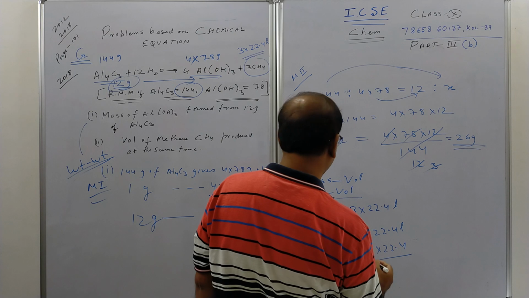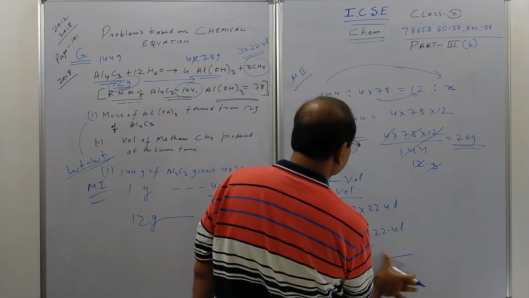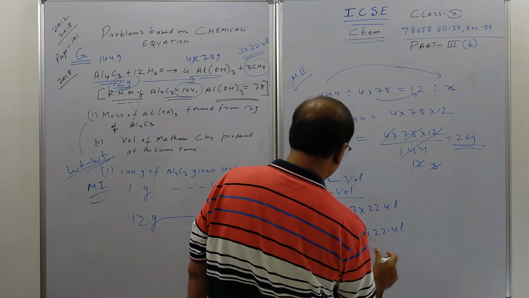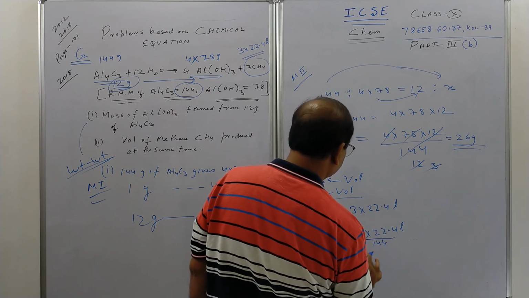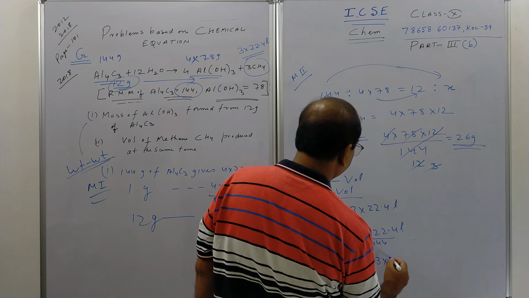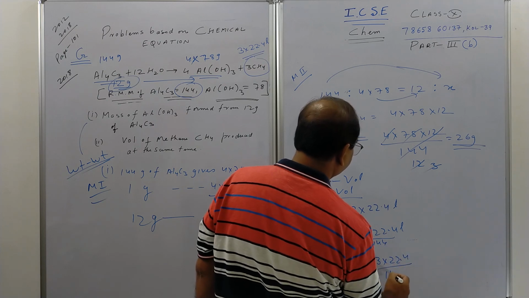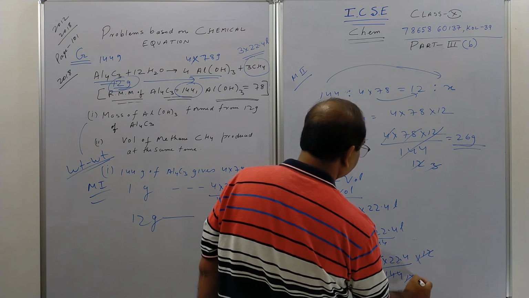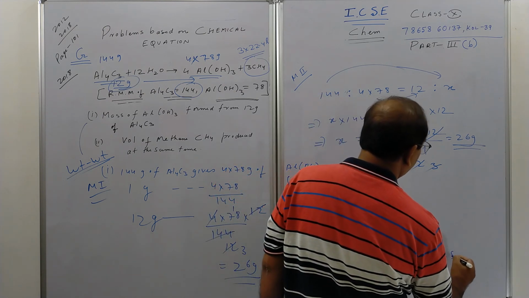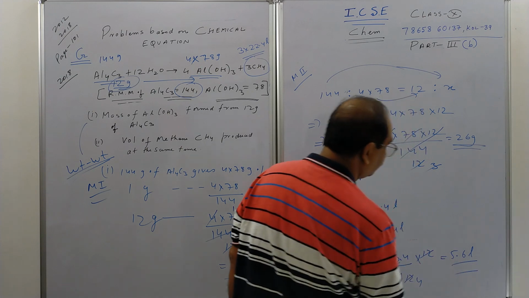1 gram would have given this by 144. So 12 gram will give more. So this is 5.6 liter.